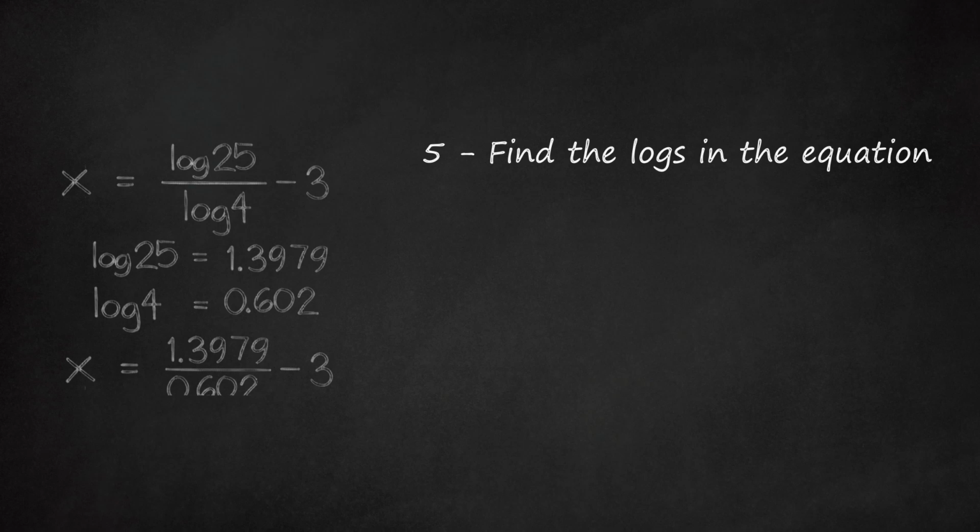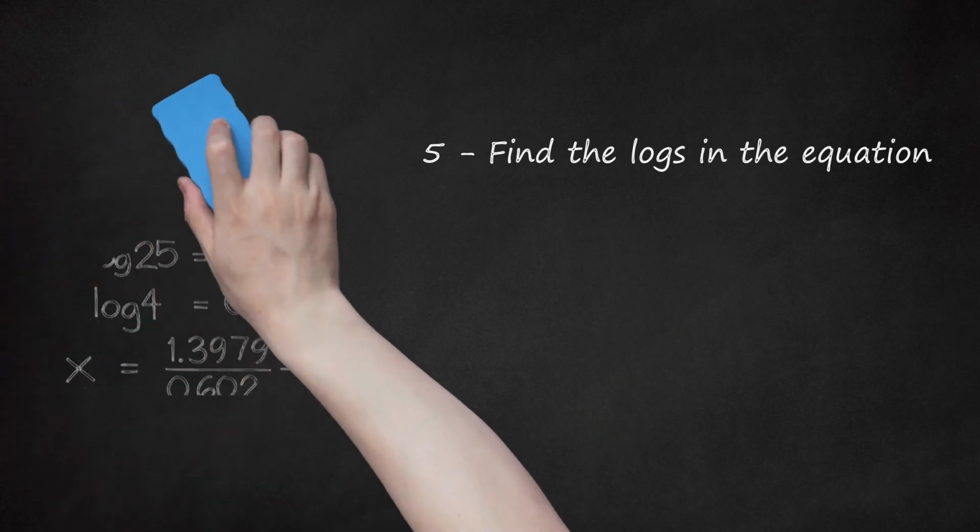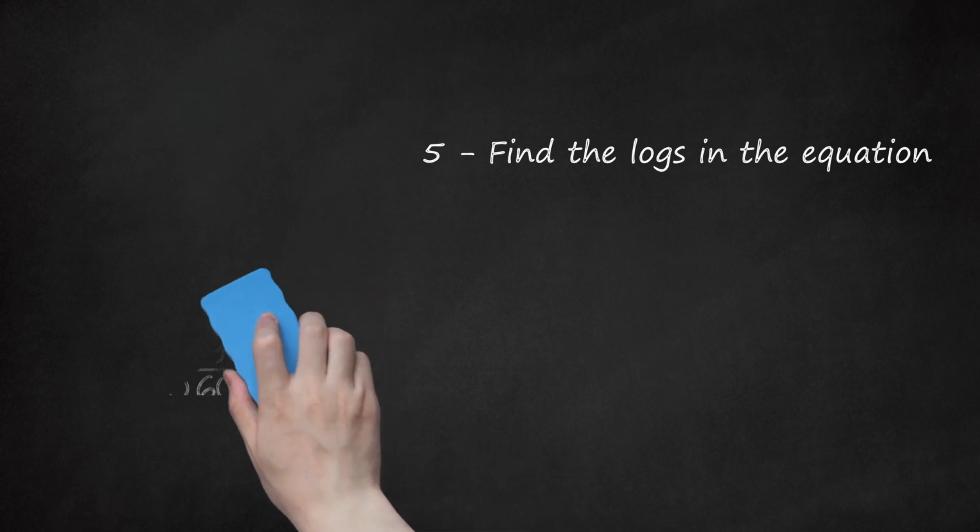To find log 4, hit 4, then log on your calculator, to get about 0.602. Your new equation will now be x = 1.3979 / 0.602 - 3.